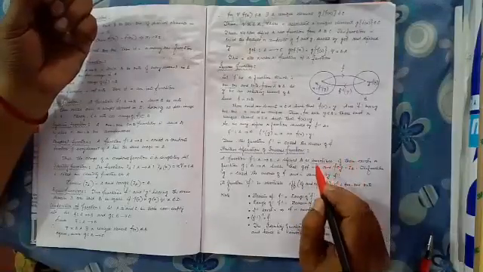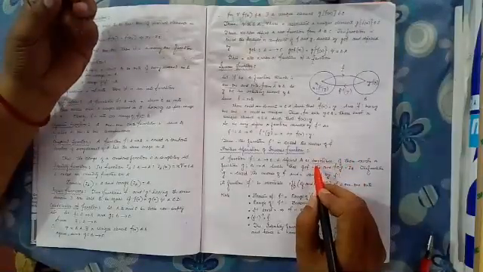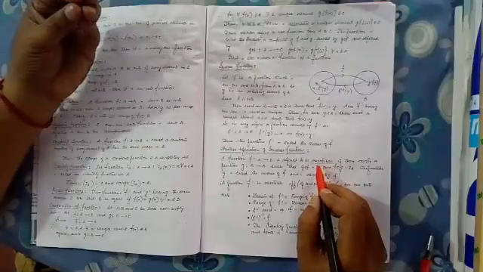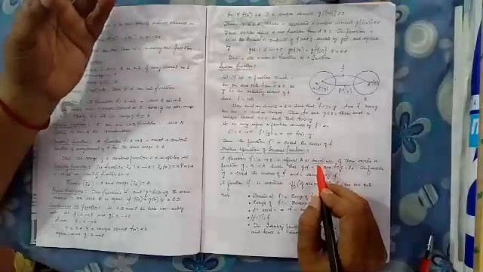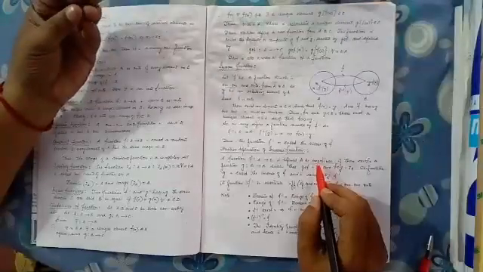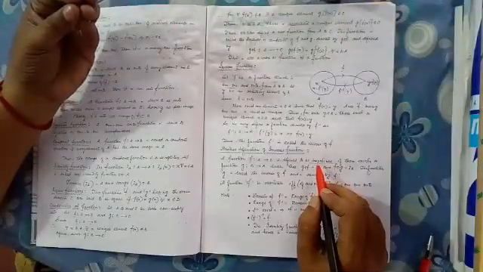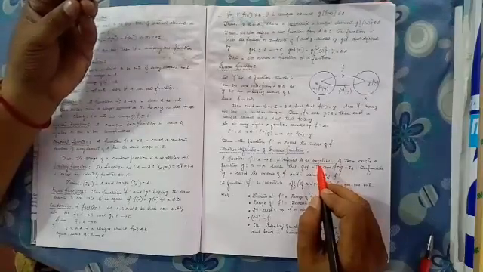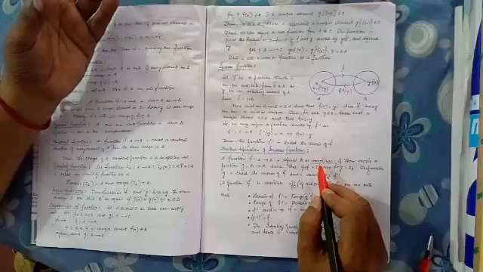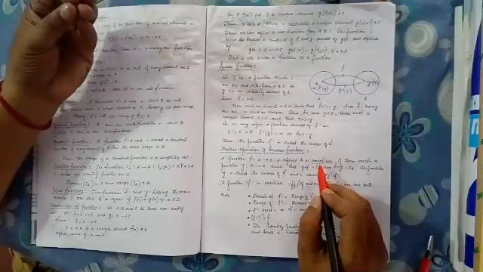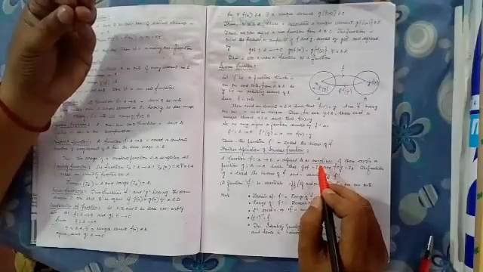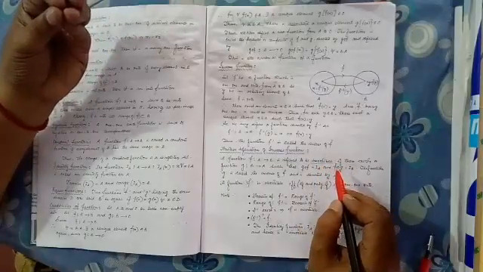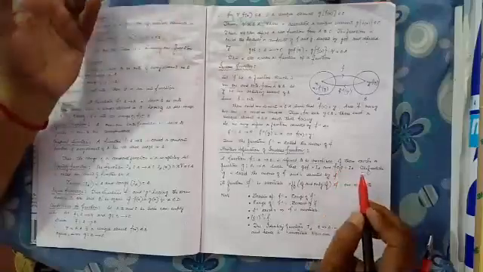Inverse of a function exists means it is 1-1 and at the same time it is onto. So whenever a function is both 1-1 and onto, the inverse of the function exists and it is called the invertible function. So if we are to show that a function is invertible, then we have to show that the function is 1-1 as well as onto.